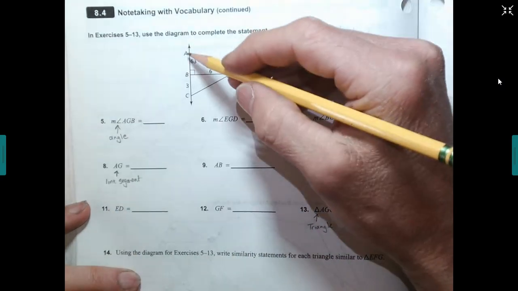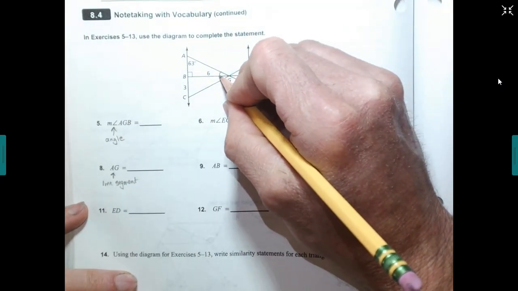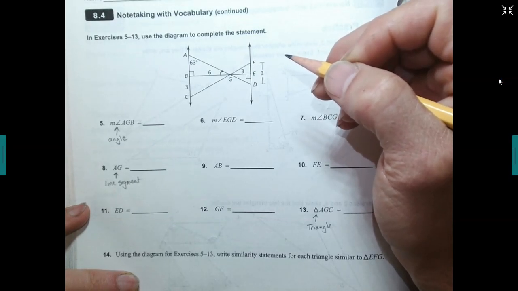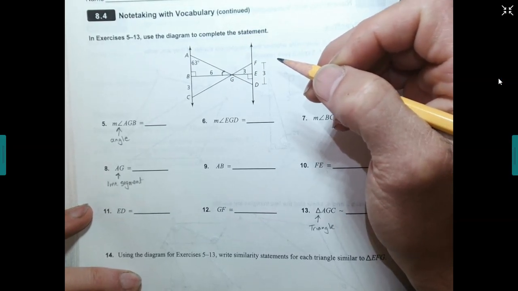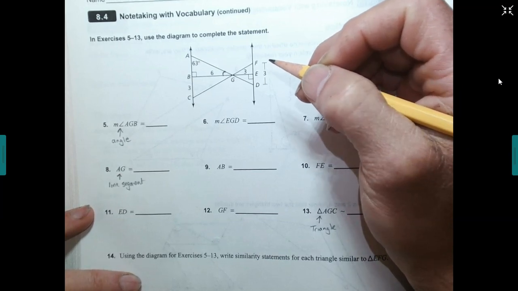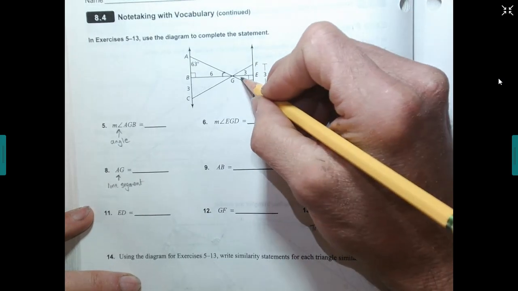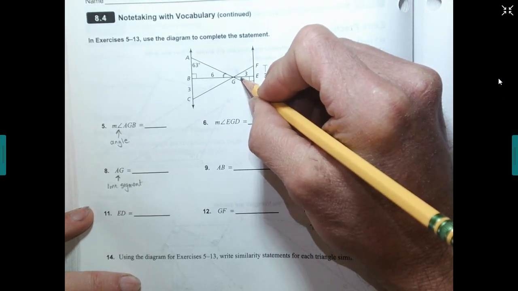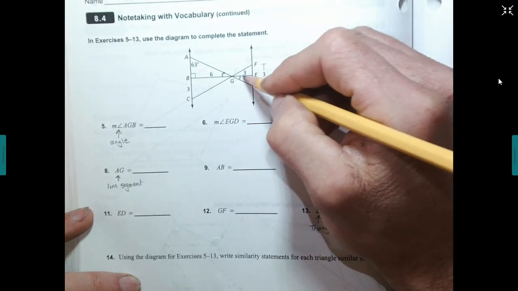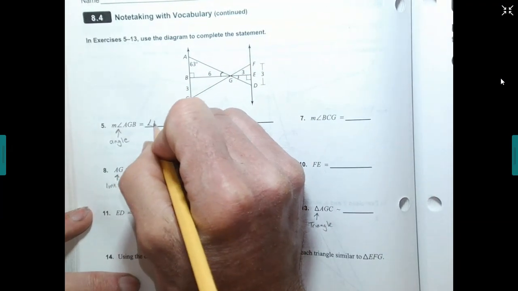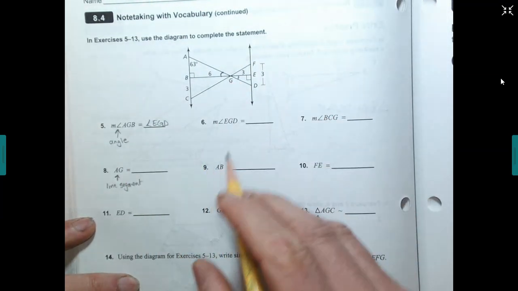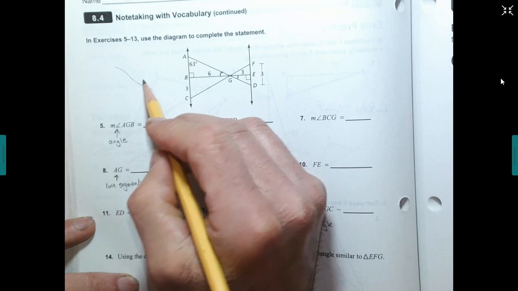So the measure of AGB, the measure of this angle right here, equals what? Well, if we had similar triangles, I would say it equals EGD.